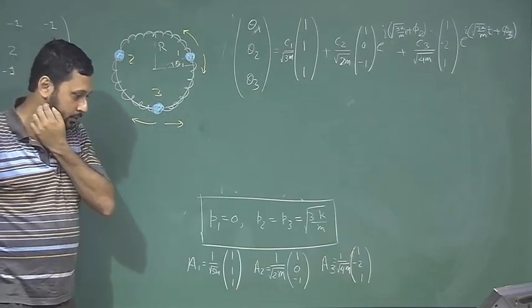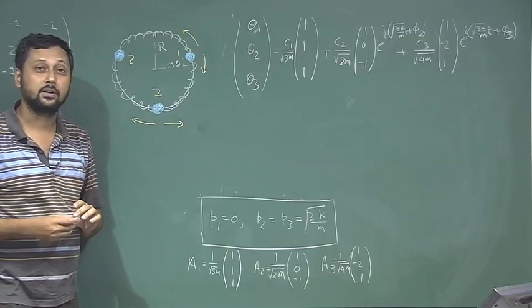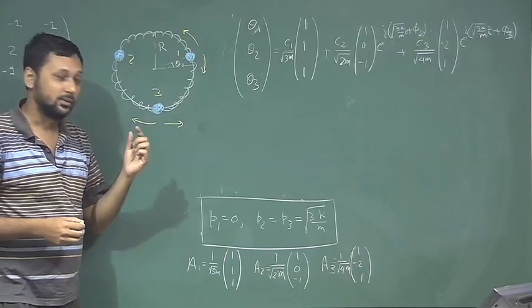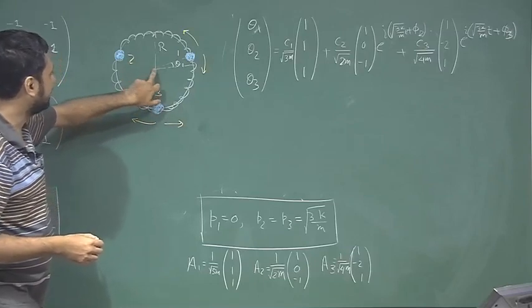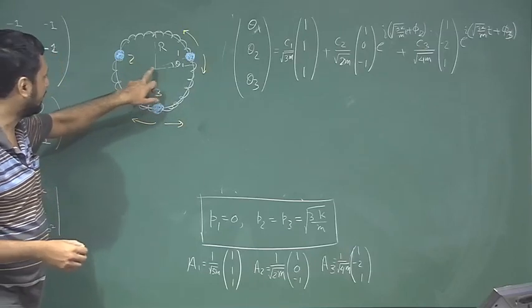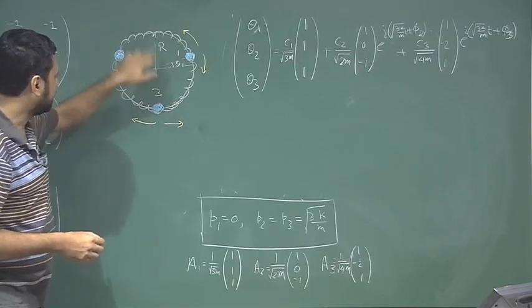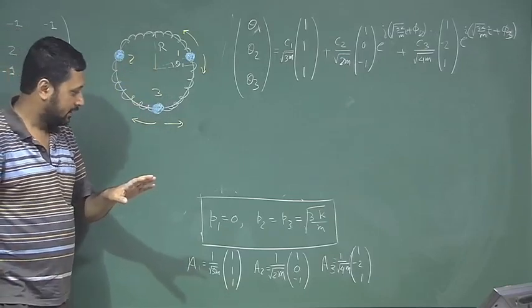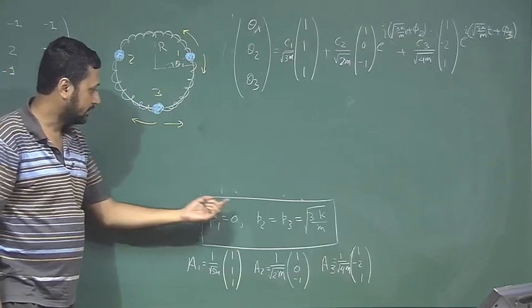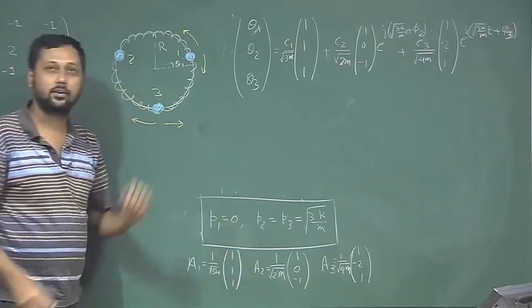And if you now calculate the center of mass for this system, see at equilibrium the center of mass will be at the center, right. If you take origin here, the center of mass will be at the center. Now, I will leave it as an exercise to show that the center of mass is not changing in this oscillation.